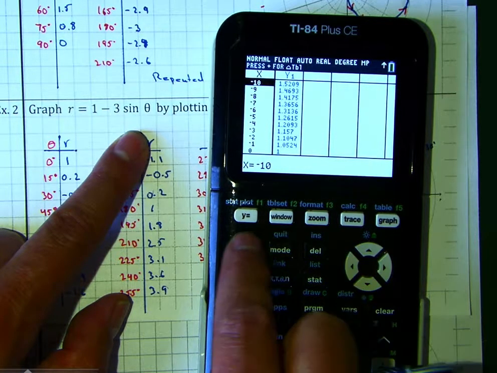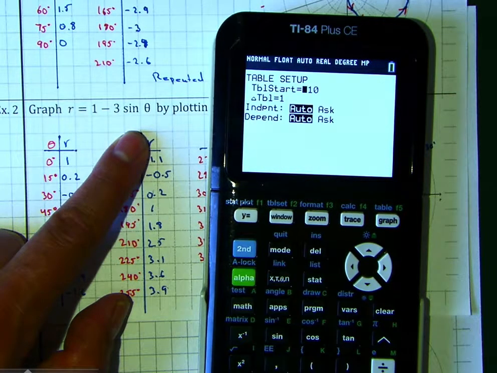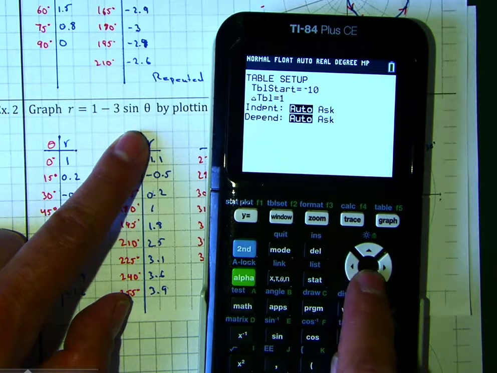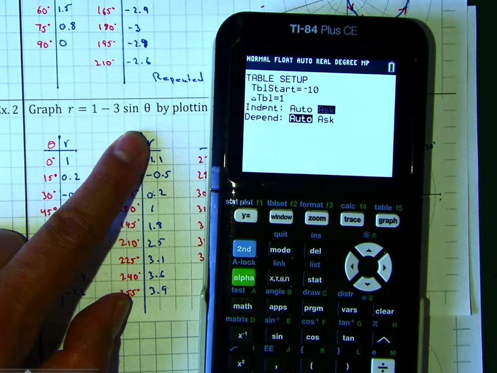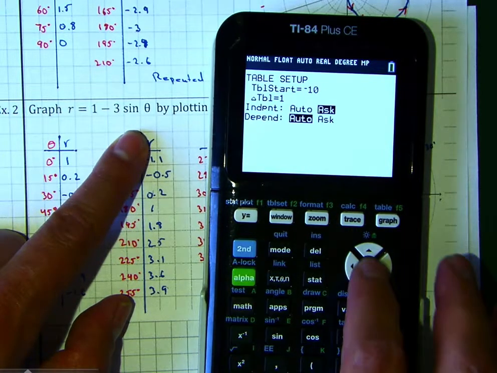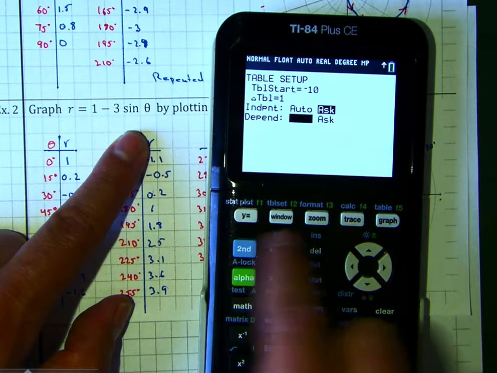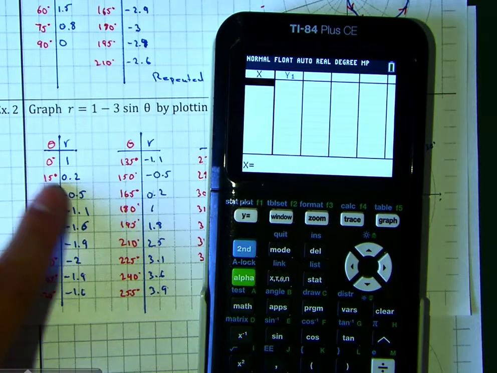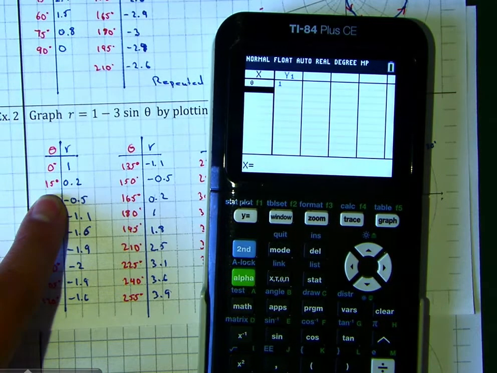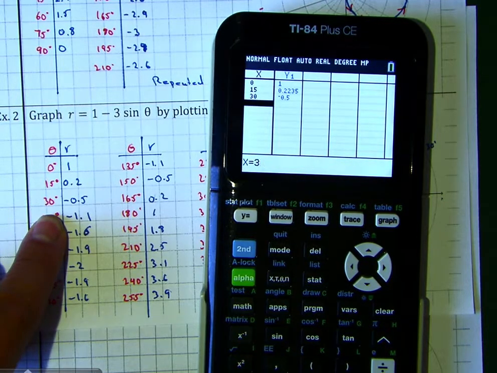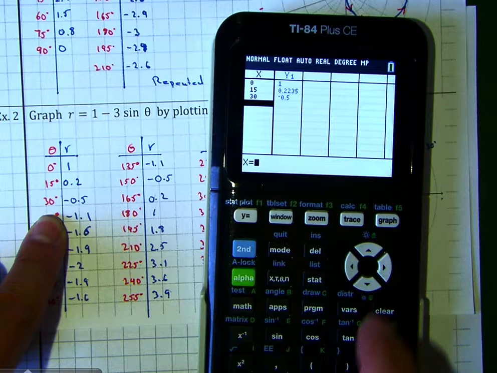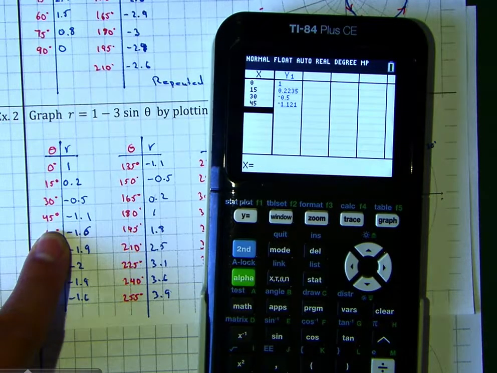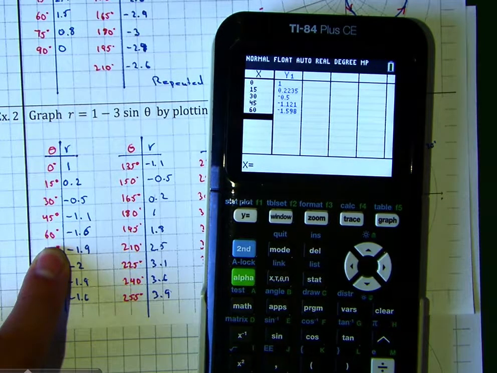So, second, table settings, and you can say, I'm just going to have it ask me for the values that I want. So now that I have it under ask for the independent variable, I can enter 0, then 15, then 30, then 45, and so on, and you also find it to be a little tedious as well.